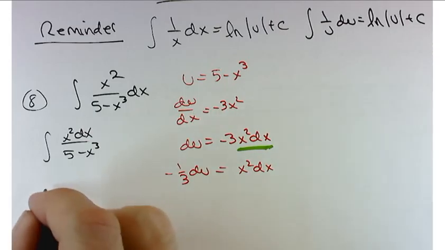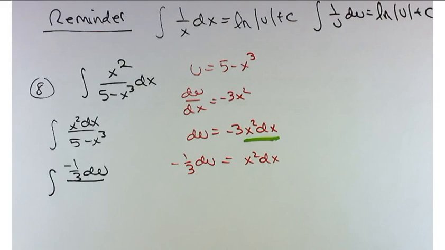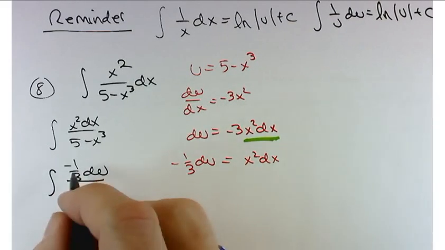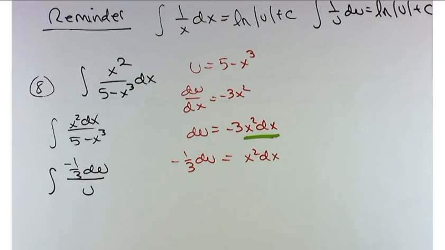And then in the denominator, what do I have? u. So negative 1/3 du over u. Perfect. I'll bring the 1/3 out in front. So negative 1/3 times the integral of du over u.